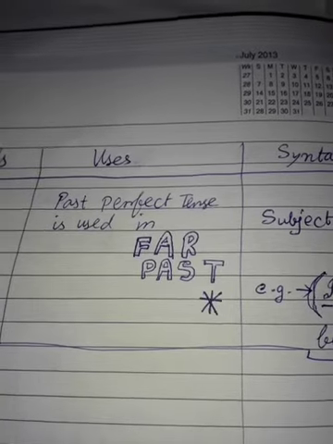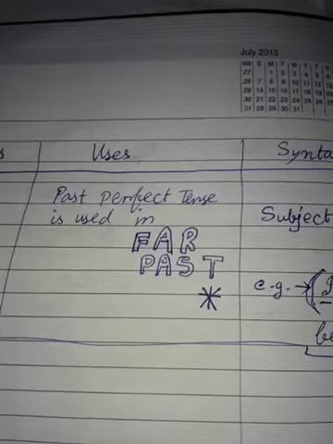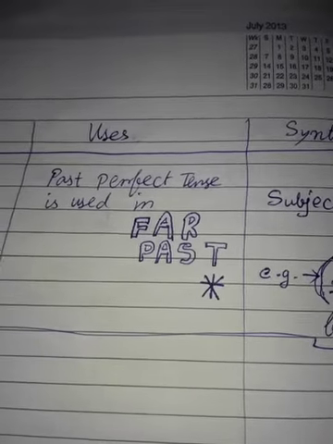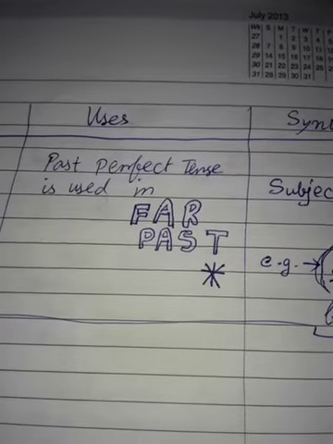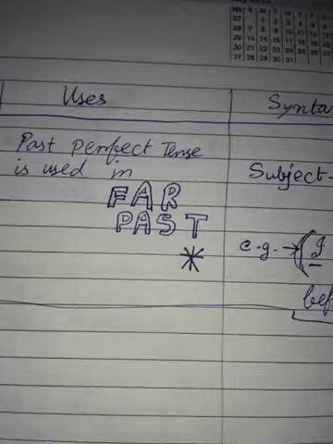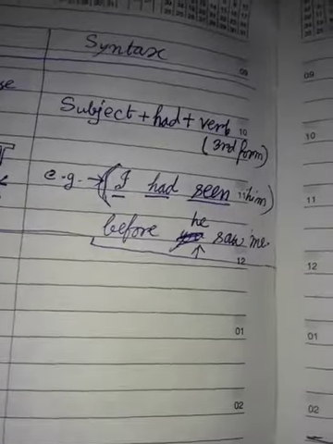Should you have any confusion regarding this far past and near past, rewind this video, see this video again and again, and I hope the concept of far past and near past will become clearer to you.